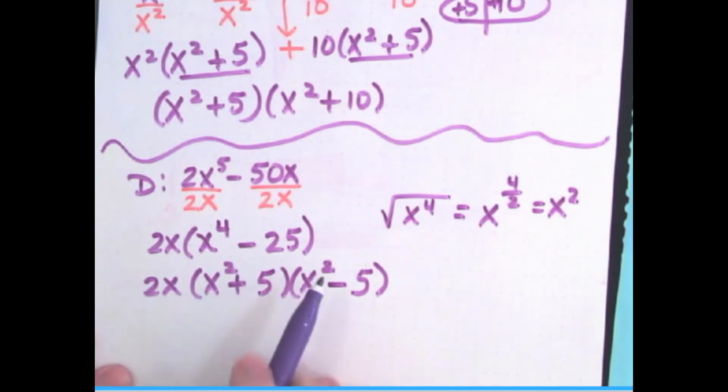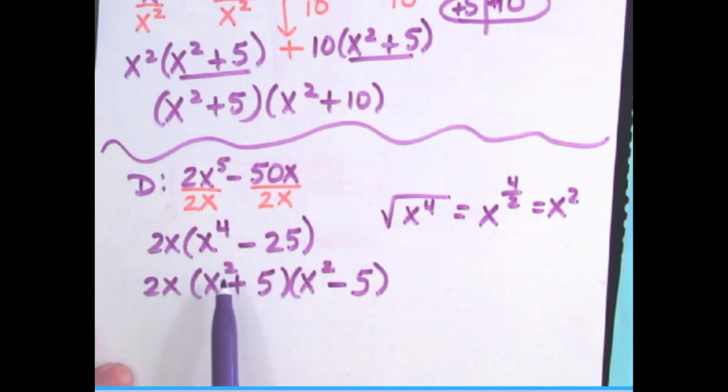Okay, so remember the difference of 2 squares, you take the square root of each term, put that in parentheses, and then in one parentheses you need a plus and the other a minus. And that ensures you don't have a middle term, because that'd be 5x squared minus 5x squared, which is 0. Okay, so that is our denominator.